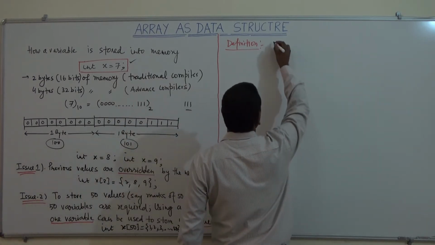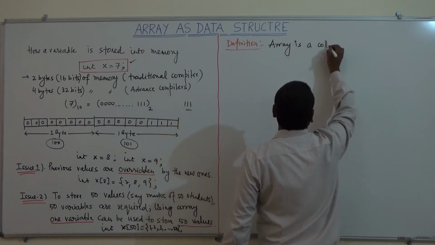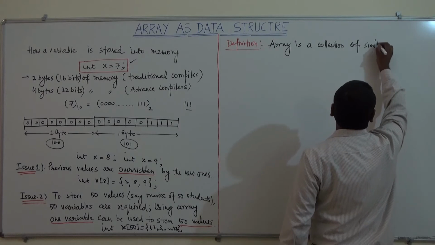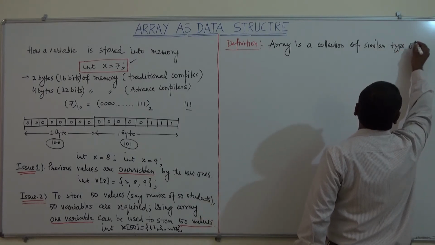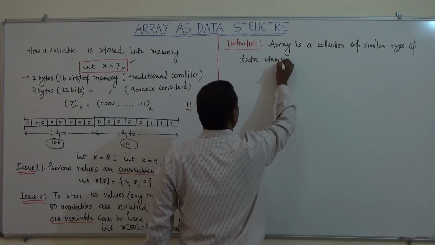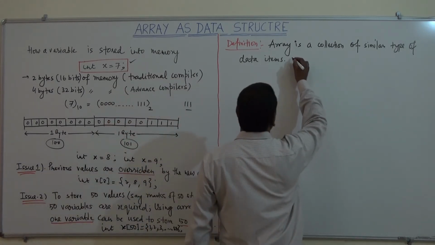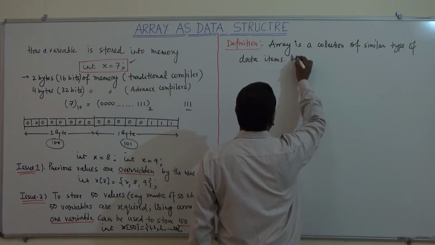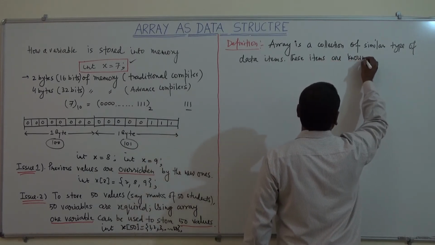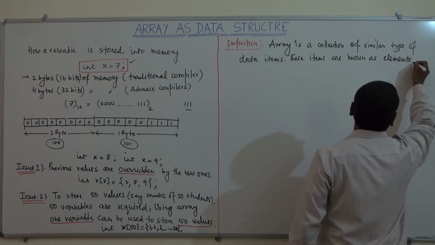So an array is a collection of similar type of data items, and these items are known as elements.